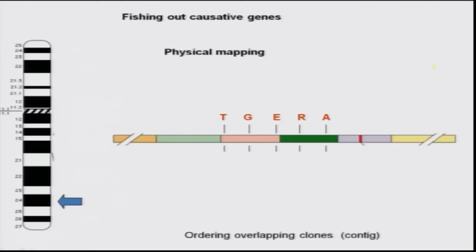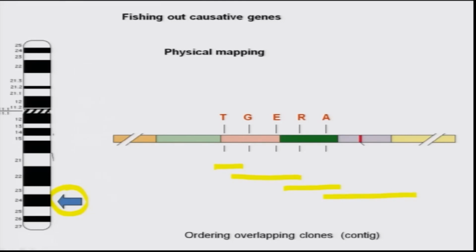So, just to summarize what we have discussed, you have looked at a region that you have mapped onto a chromosome, likely to have a gene, and you want to identify the gene. How do you go about doing it? You have done what is called genomic library screening, identified several overlapping contigs, clones, and you have tested the markers that you have used for their physical order.